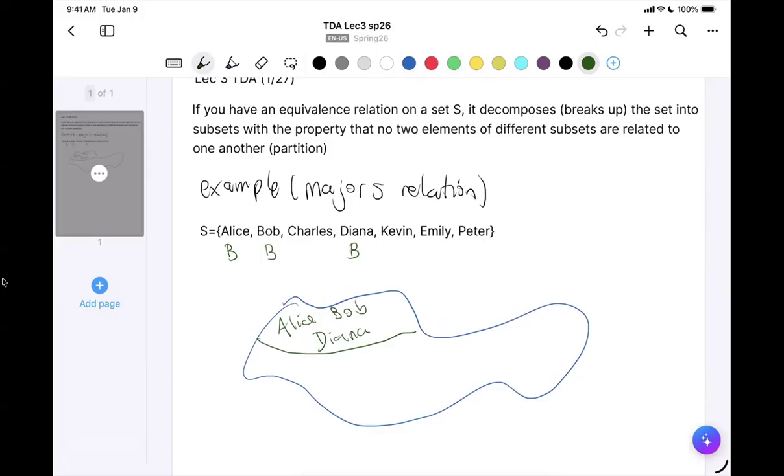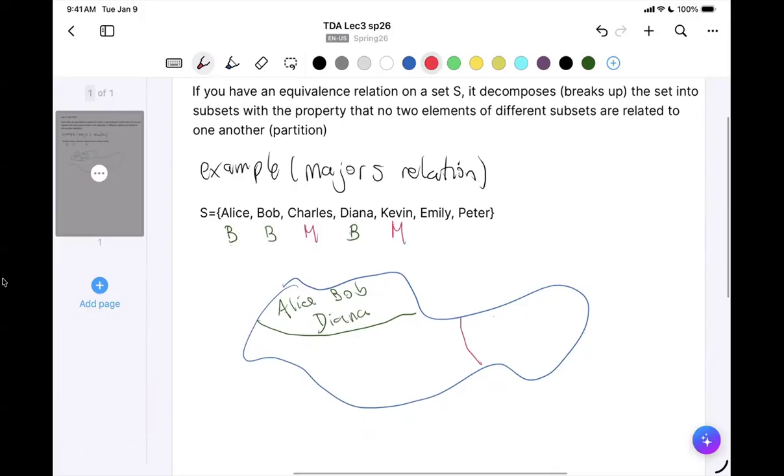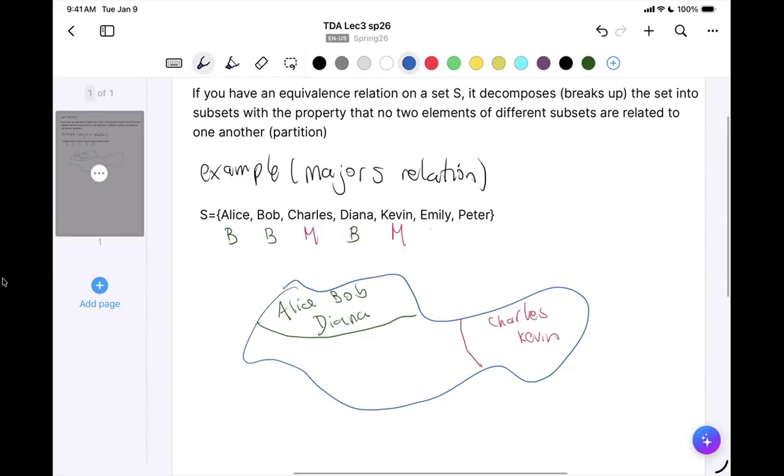But again, Charles and Kevin, they may be mathematicians, so they are in math. And maybe Emily's in philosophy, but by herself.